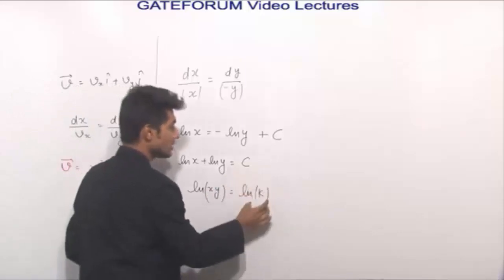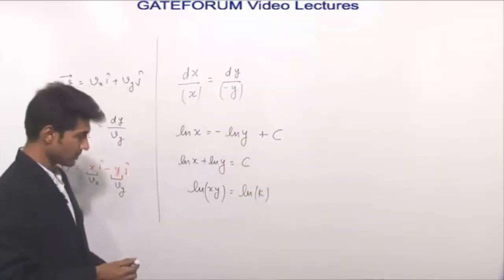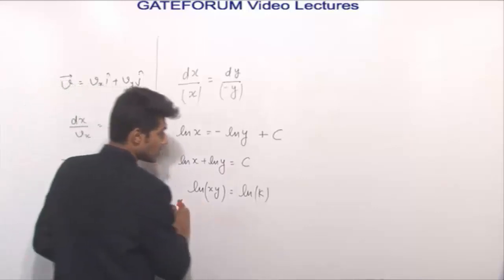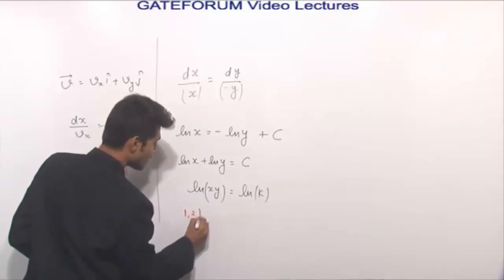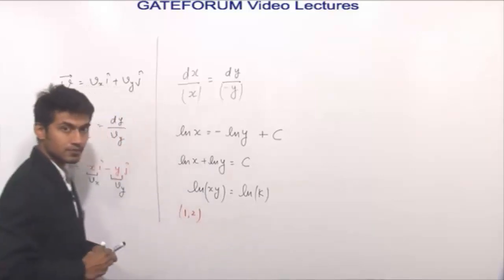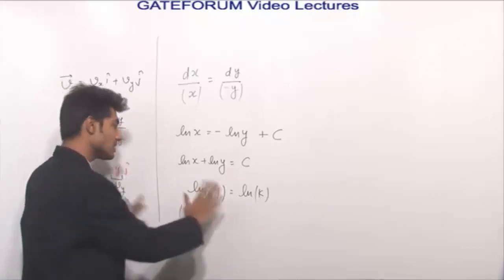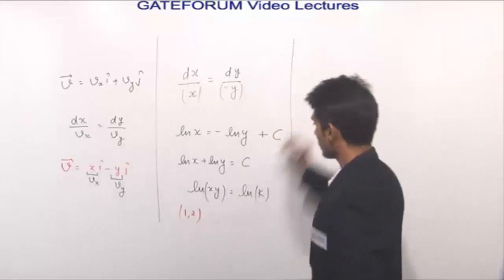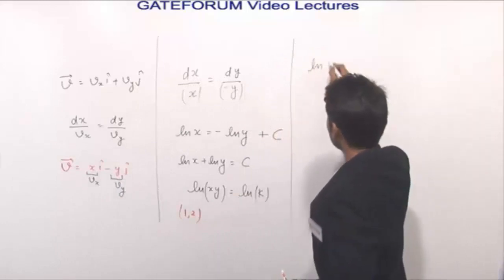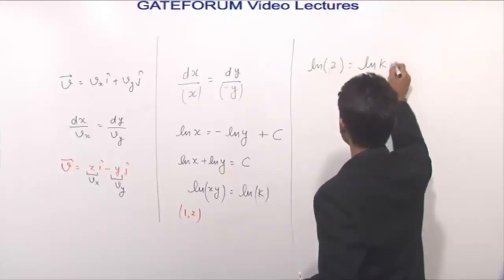If c is constant and k is some other constant, then ln k can be equal to c. Now the condition given is this particular streamline passes through point 1, 2. So if I put 1 and 2 instead of x and y, this equation must get satisfied. So putting 1 and 2 instead of x and y, 1 into 2, it will be ln 2 will be equal to ln k.